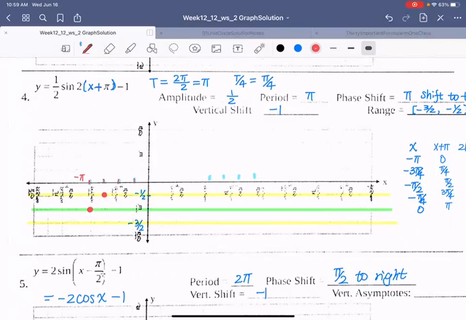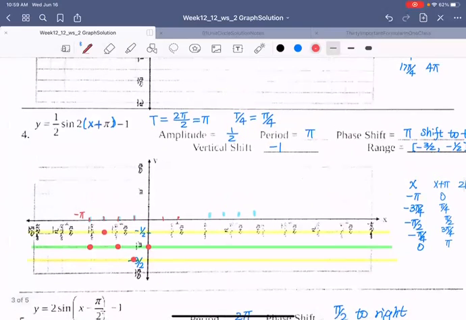Yeah, go up to the maximum and then back down to the midline, then down to the minimum and then the midline again. Sure. And that's one period. Yes, that's right. So on and so forth. Okay. Very good. Then you can draw the graph.